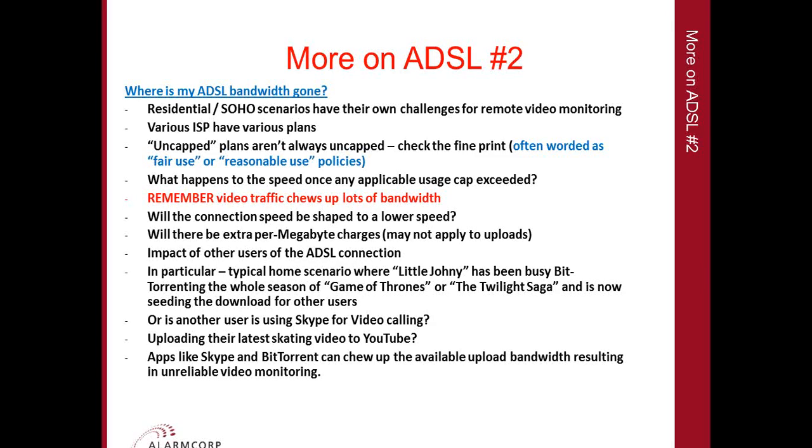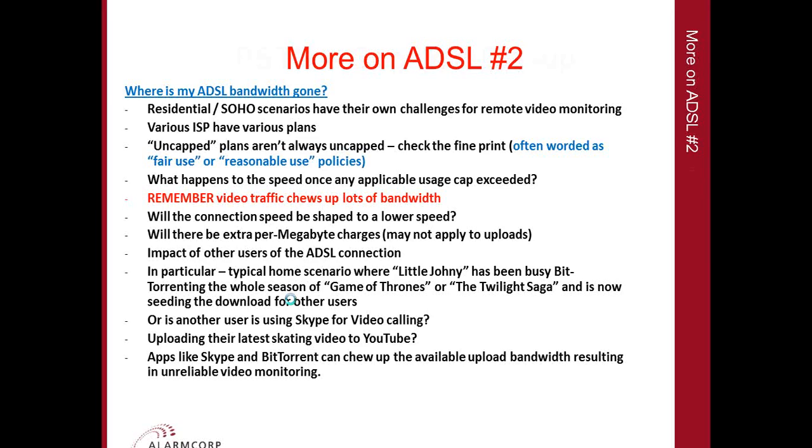Again, all of these things can impact on the available upload bandwidth, and at the video monitoring center, we may not be aware of this. All that we see is that suddenly there is a problem with the video, because apps like Skype and BitTorrent can use a lot of bandwidth. So this may not be applicable in every case, but it is something that is worth being aware of.